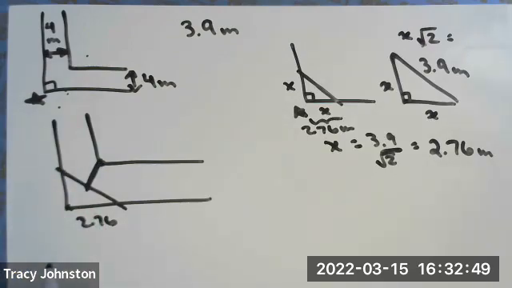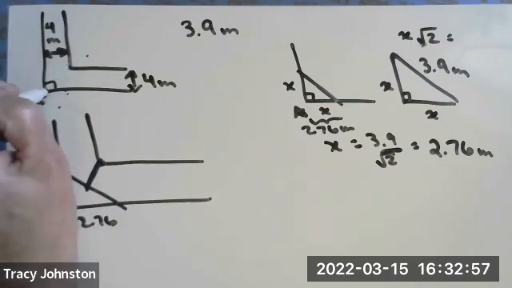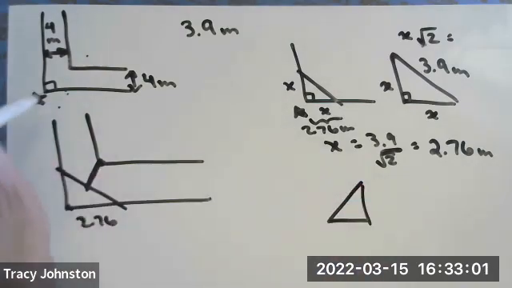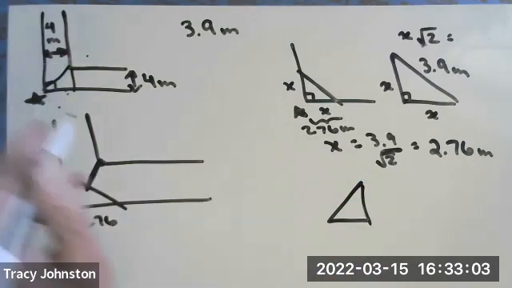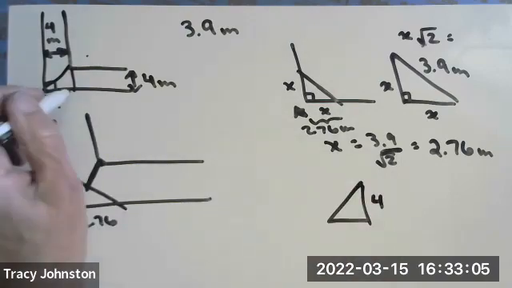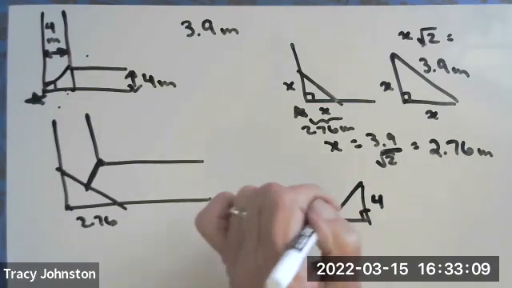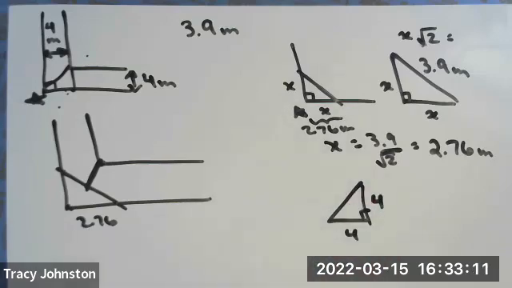So what we want to do is find two things. We need to know the length from this corner to that corner, which is a right triangle. And we know that the canal is 4 meters wide here and 4 meters wide there. So we know that this is a right isosceles triangle.